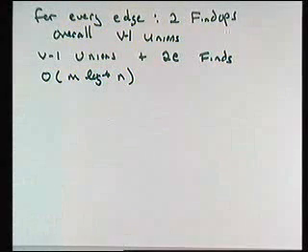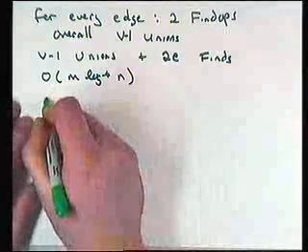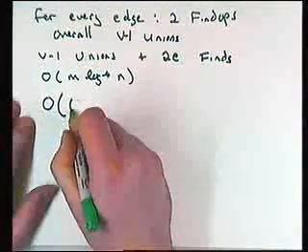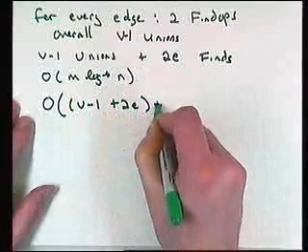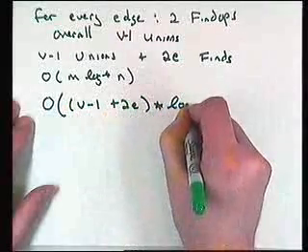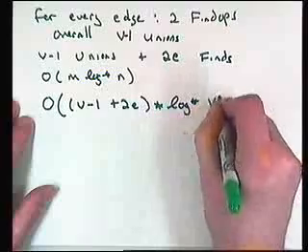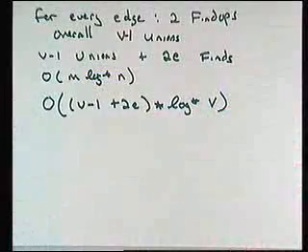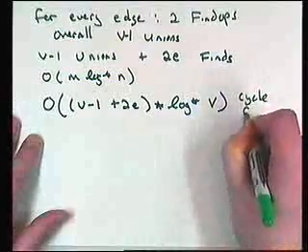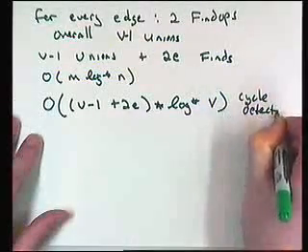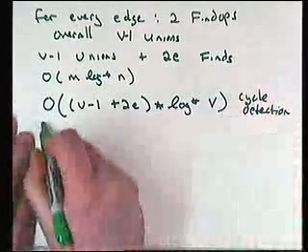Well, the number of elements here is the number of vertices. So the total running time for this would be order V minus 1 plus 2E times log star of V. That's going to be the cycle detection cost.